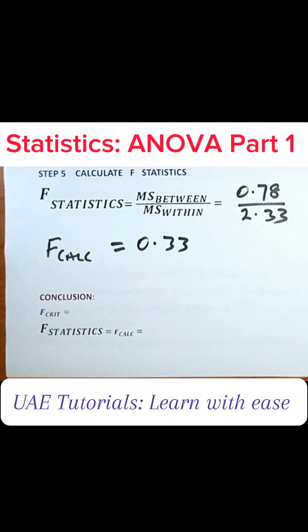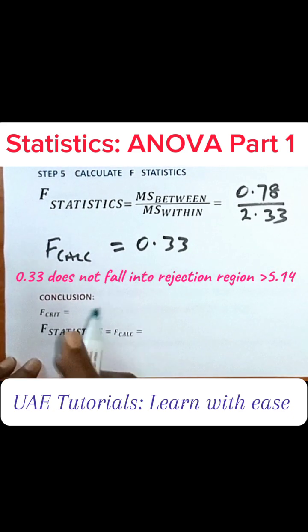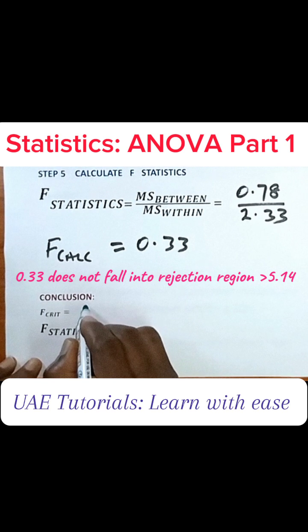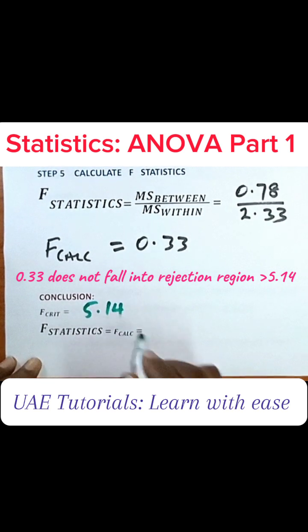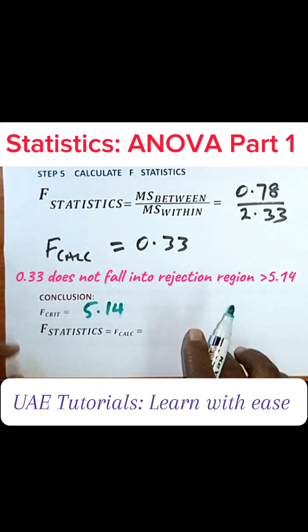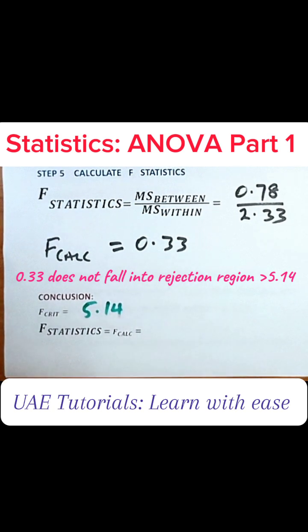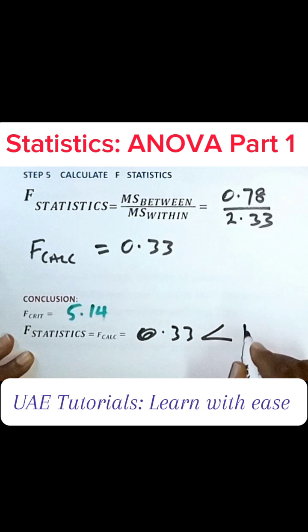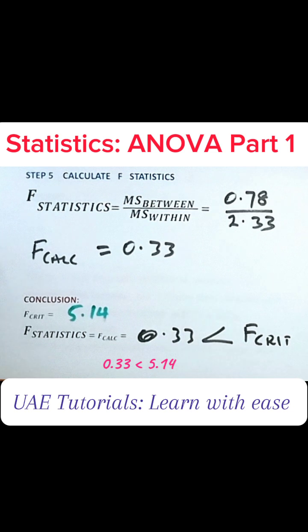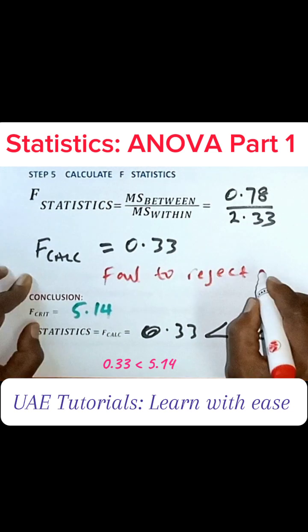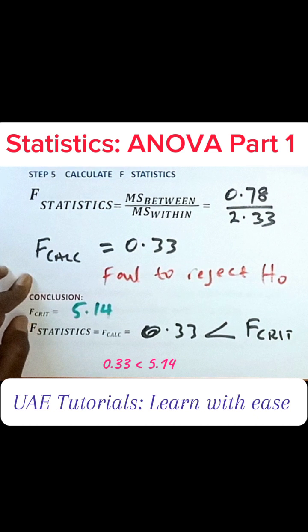And remember, earlier on when we calculated the critical F value from the table, we got 5.14. So the conclusion that we are drawing from here is that the F calculated, 0.33, is less than the critical F value. And if that be the case, we fail to reject the null hypothesis.